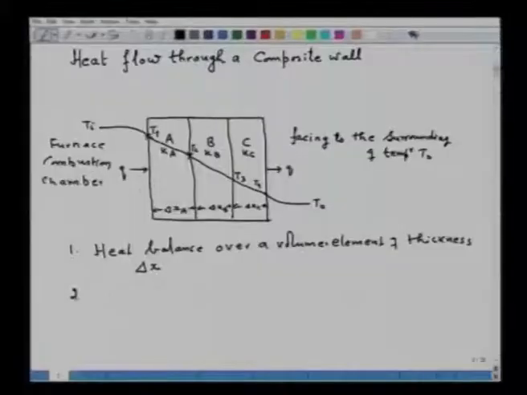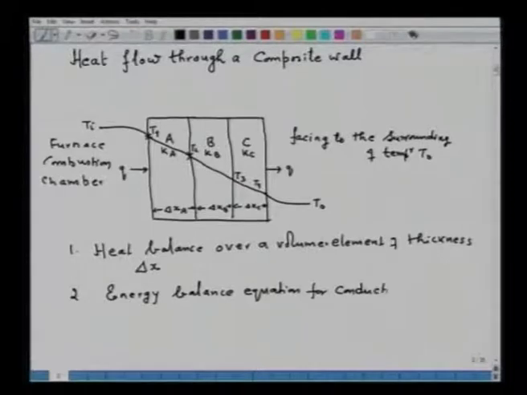Another approach is to utilize the generalized energy balance equation for conduction, and the generalized equation for conduction is rho Cp delta T upon delta t, that is equal to K into del square T. So, this is also another approach through which you can proceed to solve this particular problem.